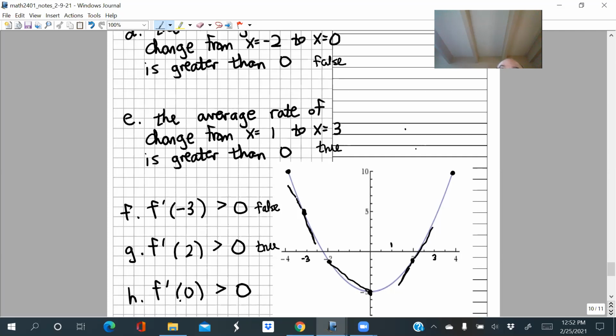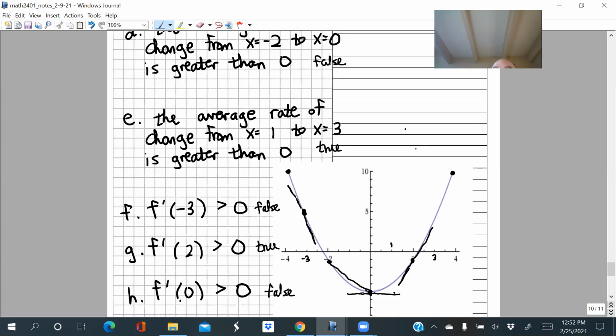If you draw the tangent line right here, guess what it's going to end up looking like? It's going to end up being a horizontal line. And what's the slope of horizontal lines? 0. Slope of horizontal lines is 0, which is not greater than 0. So this one is false, just barely false.